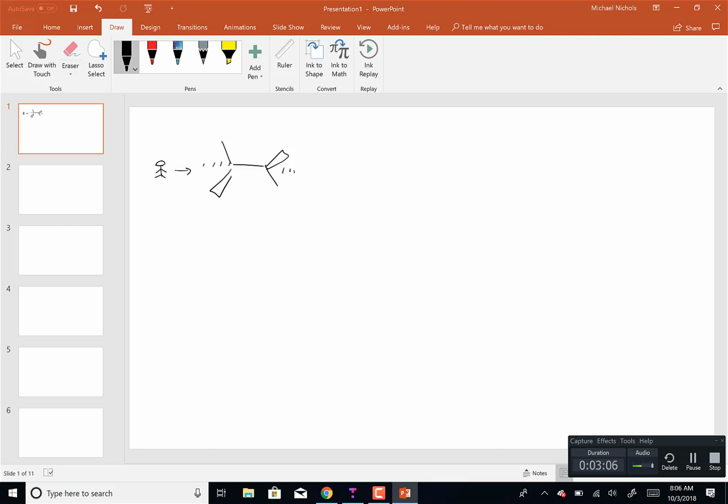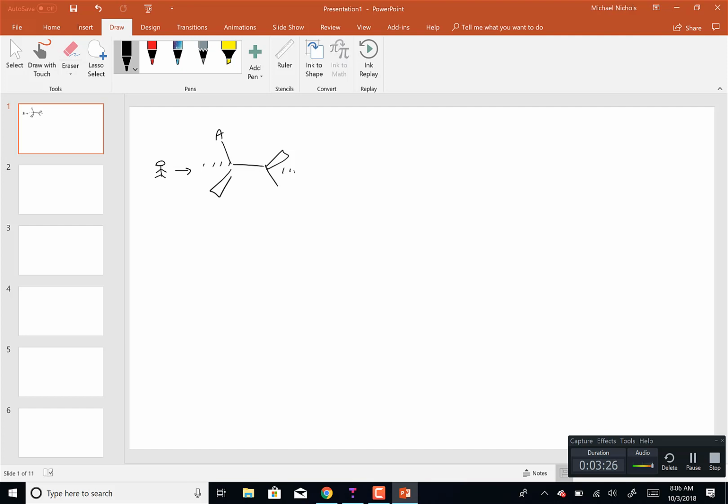So the Newman projection of this is going to tell us more about the spatial relationships of the groups on the two carbons. And so this is the first thing that we have to master.